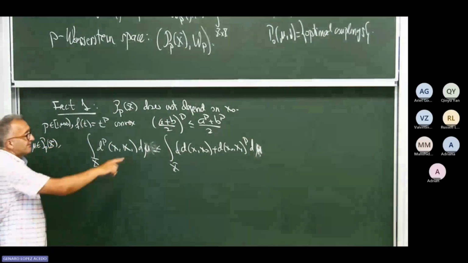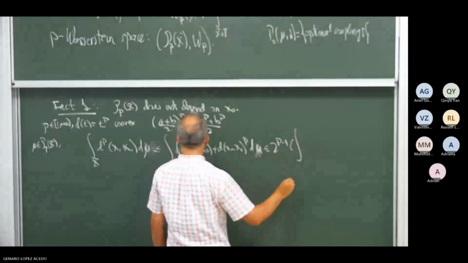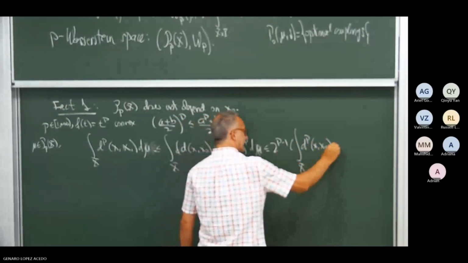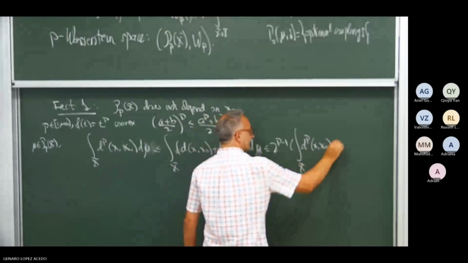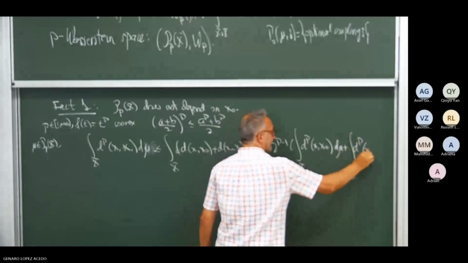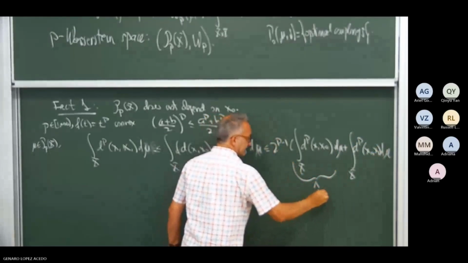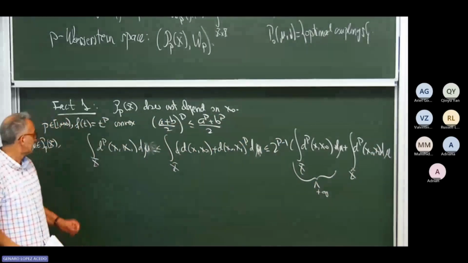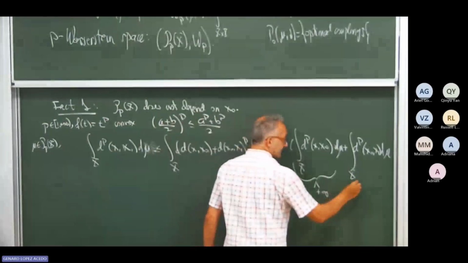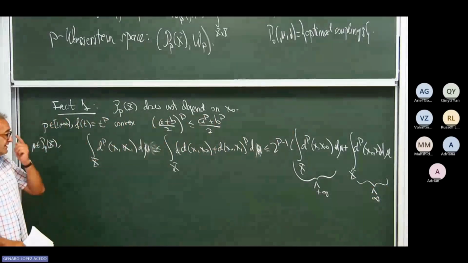And so we can apply this, and this is smaller than infinity because mu is in this space with x0, and this is smaller than infinity because mu is a probability, it's a finite measure.